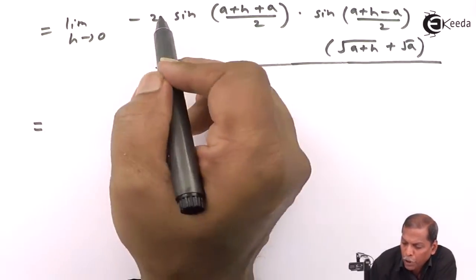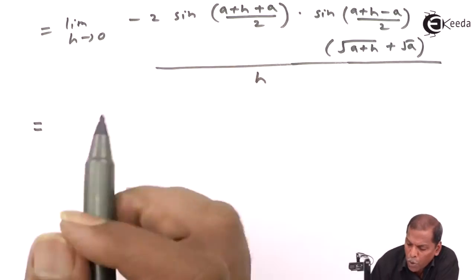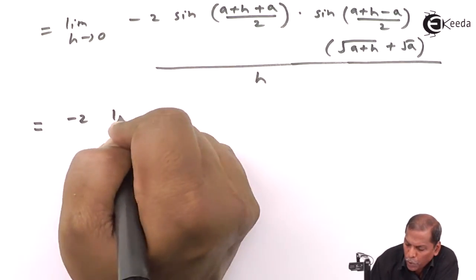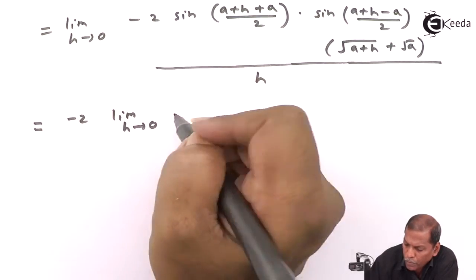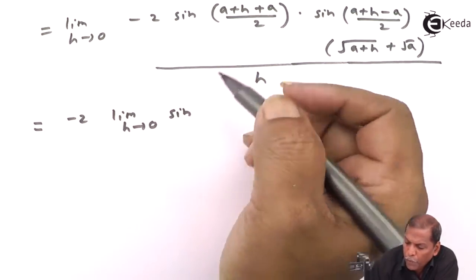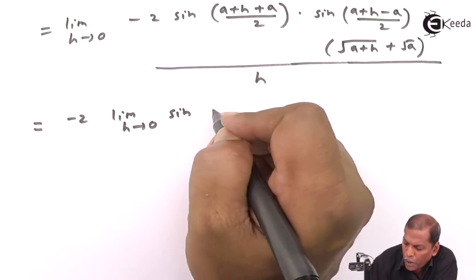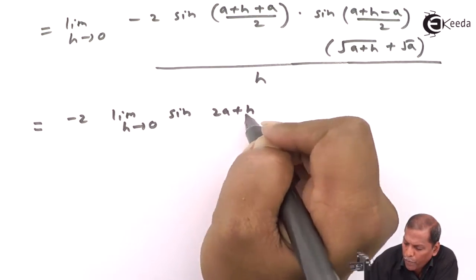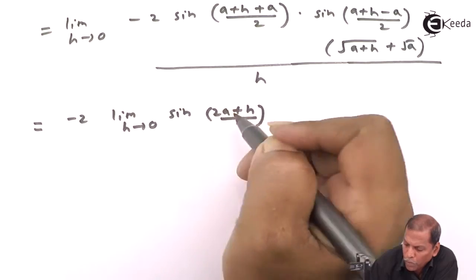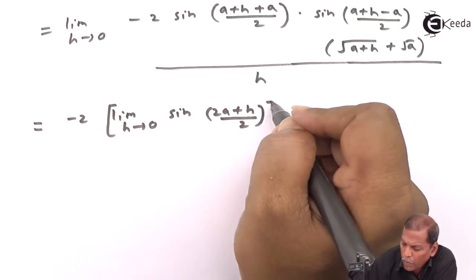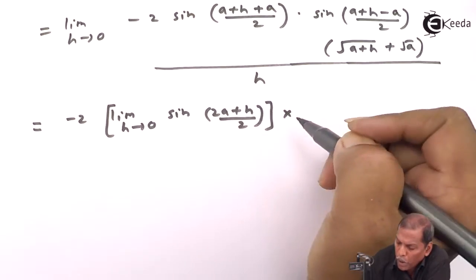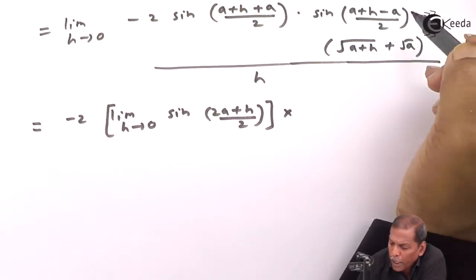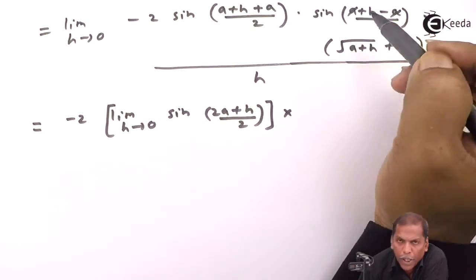Now here minus 2 is a constant term, so we take it outside the limit. So minus 2 into limit h tends to 0 sine of (2a plus h) upon 2 as one limit, into, now in the second bracket minus a plus a cancel.